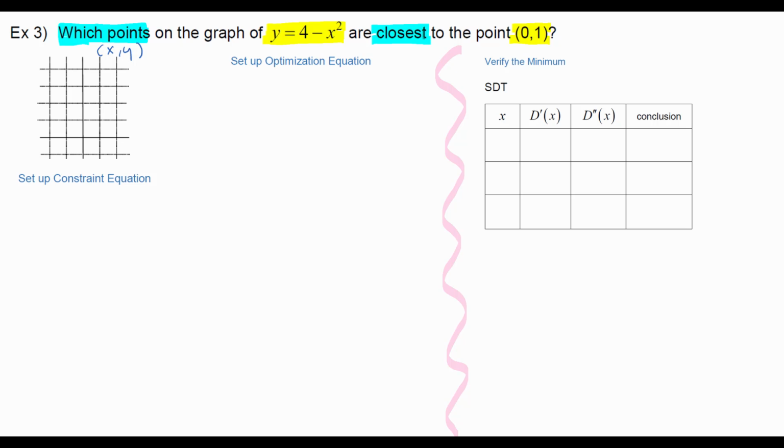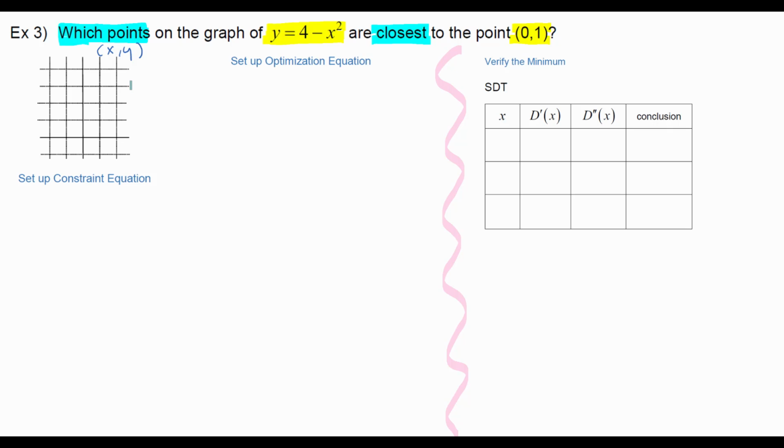So what do you say, guys? If my distance has to be closest from (0, 1) to (x, y), am I maximizing the distance or am I minimizing the distance? Yes, you will like to minimize the distance so that it is closest.